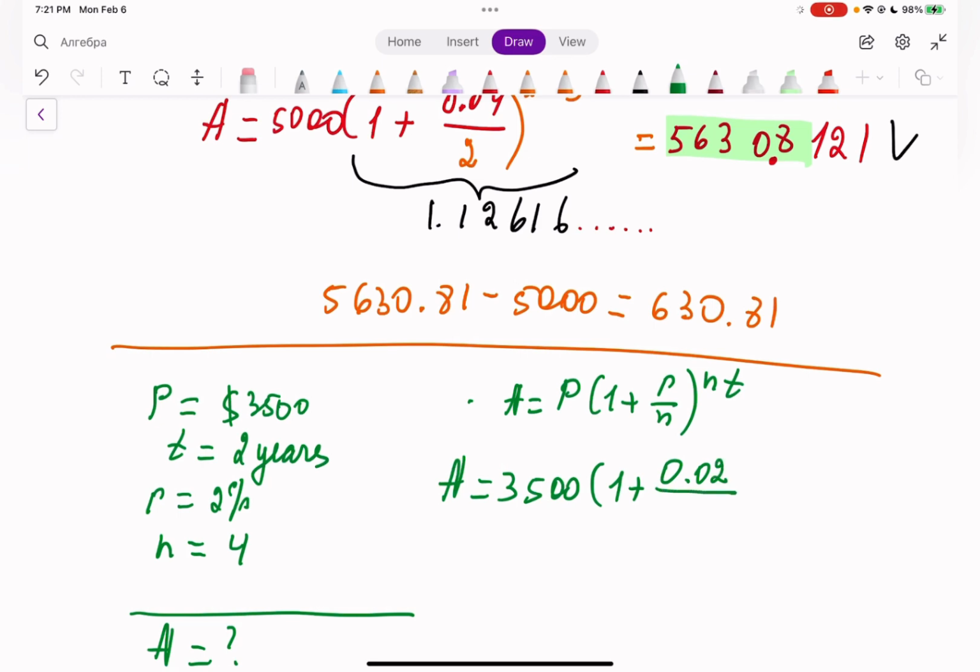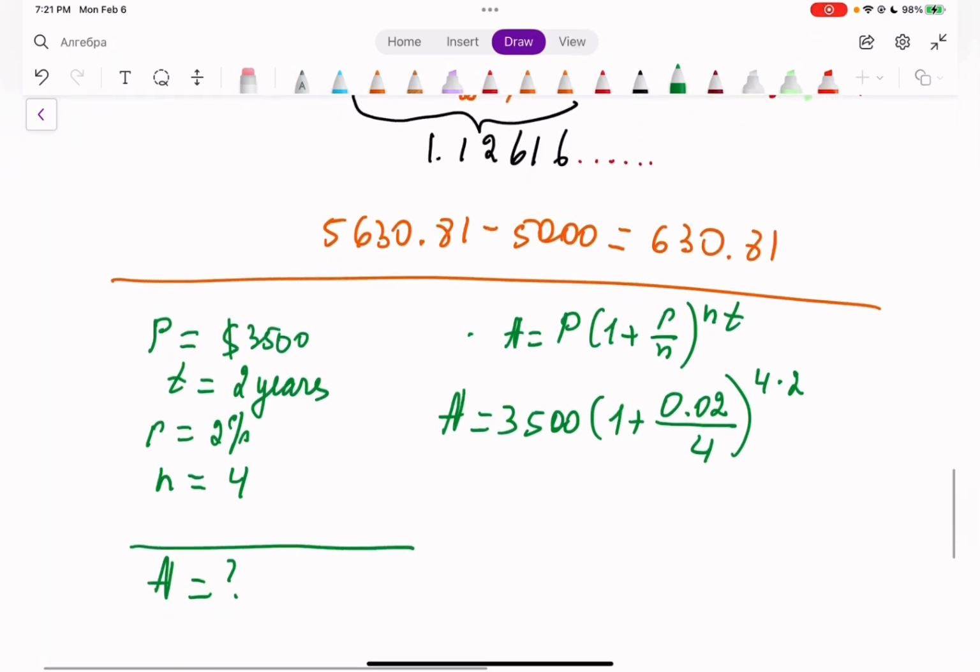Converting to decimal, meaning dividing by 100, because it's compounded quarterly, there are 4 quarters. So in 1 year, what part of the year is quarterly? We divide by 4, n is 4, and time is 2 years.